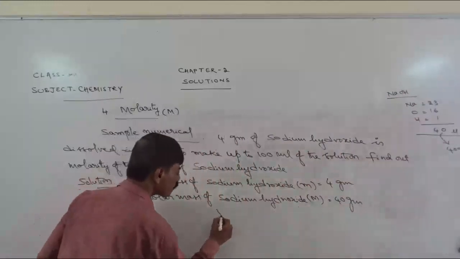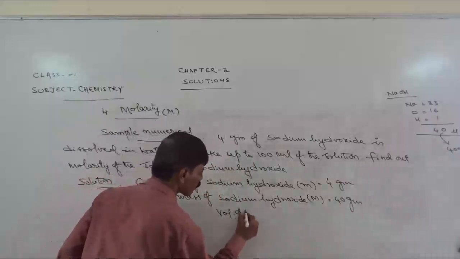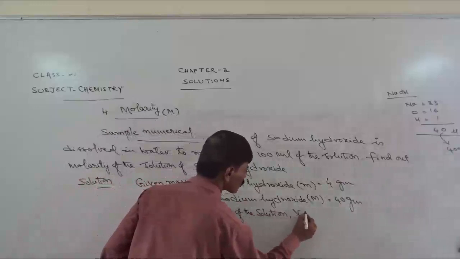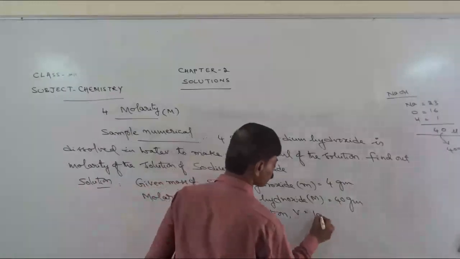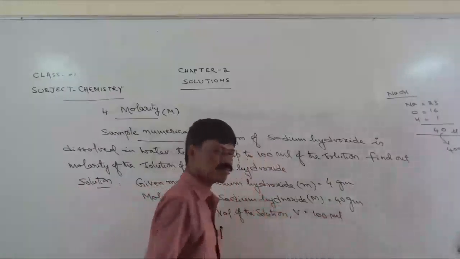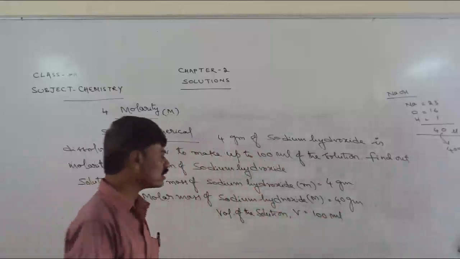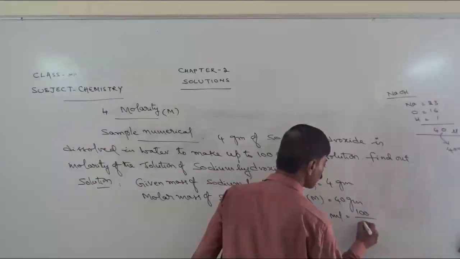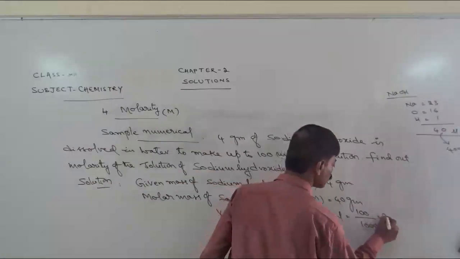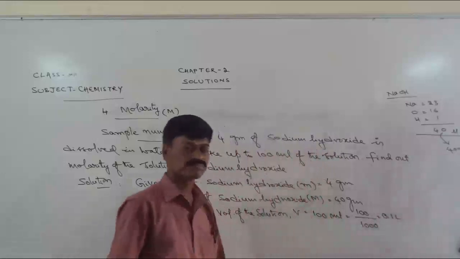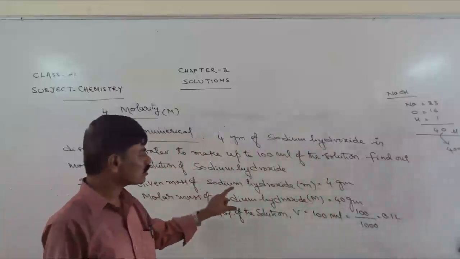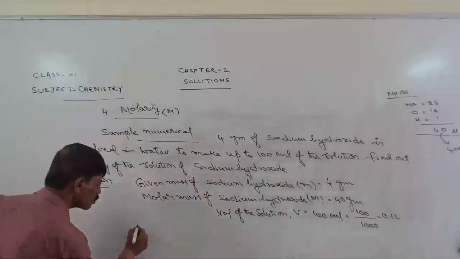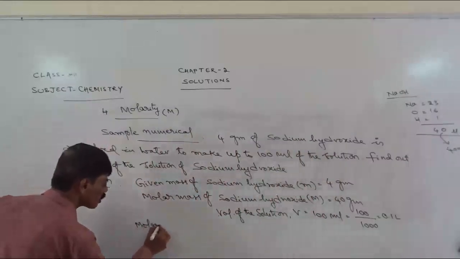Next, the volume of the solution of sodium hydroxide is 100 ml. But we want it in terms of liters, therefore this is equal to 100 divided by 1000, 0.1 liter. If you write this much, you will get half mark. This is the data. Now let us see the molarity of the solution. How is it calculated?